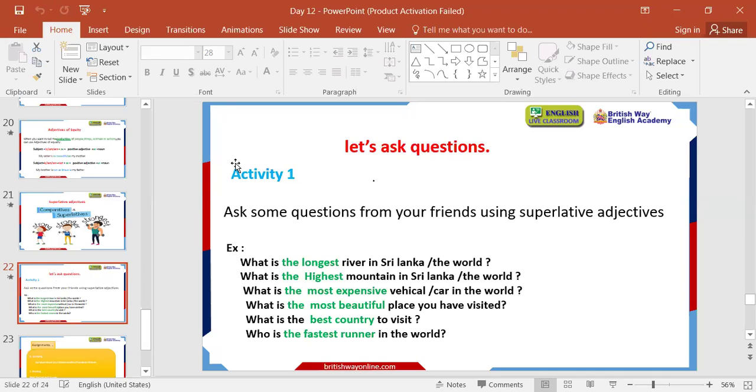Nuwara Eliya is the coldest city in Sri Lanka. Amazon is the most beautiful forest in the world.